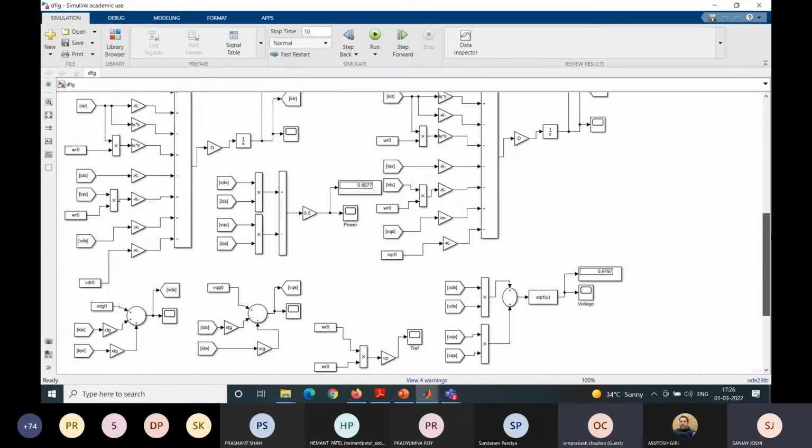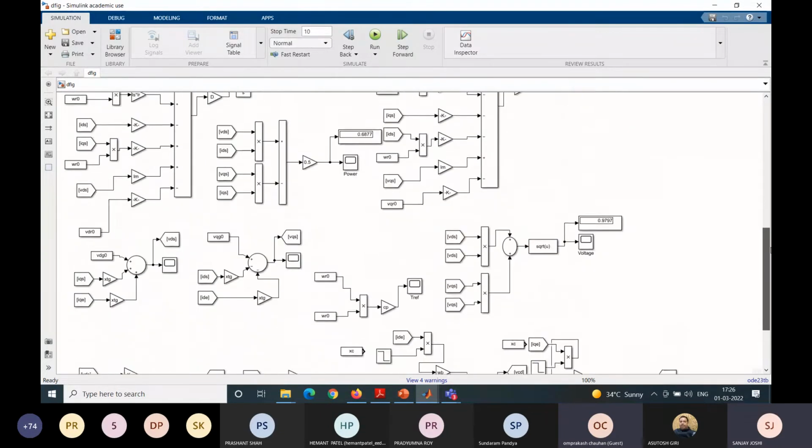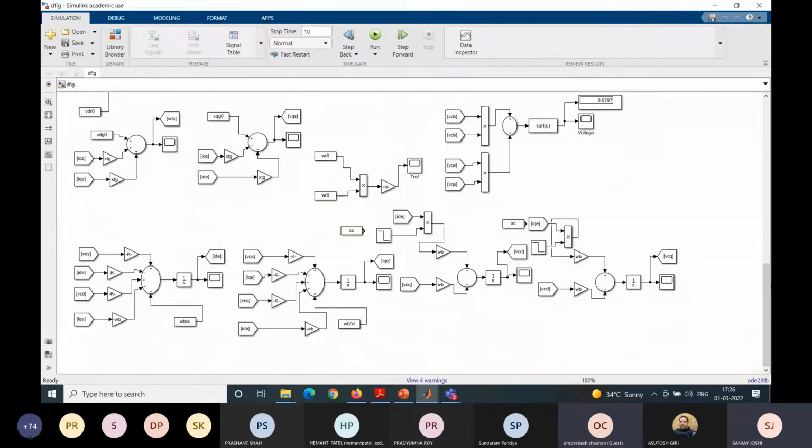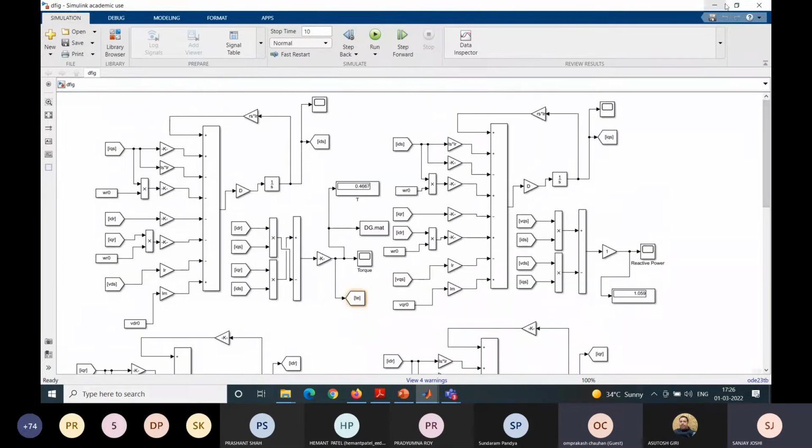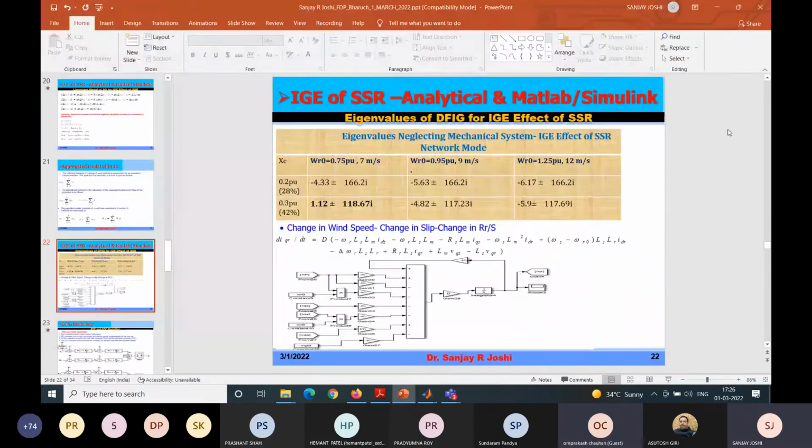Dear all, I just want to draw your attention to one fact, that this Simulink model is the detailed model, right? It covers every modeling aspect. It depends on how you have implemented the equations. Well, I will not run the third case because of the shortage of time.